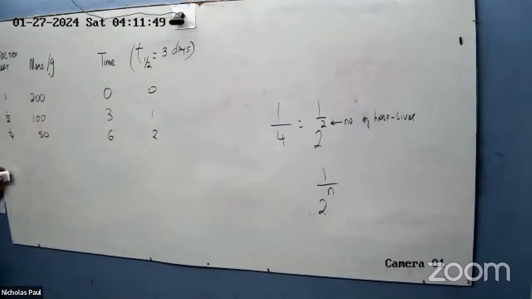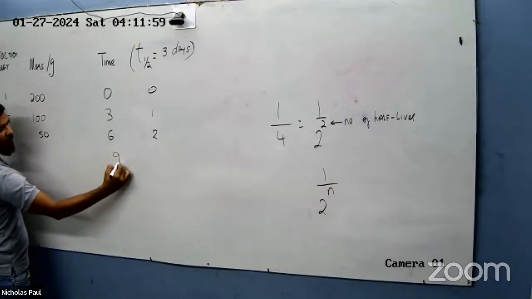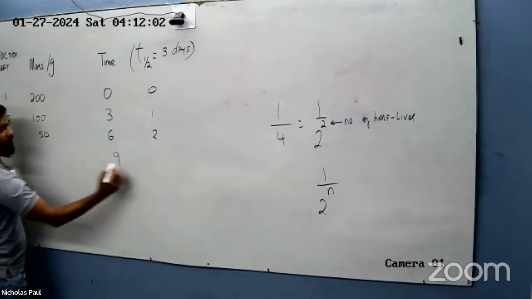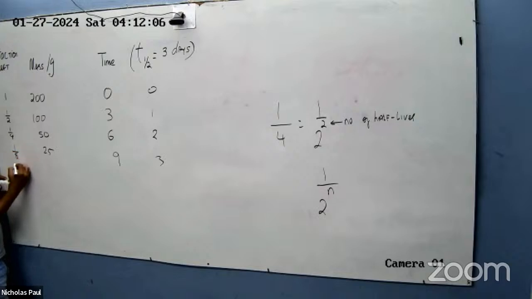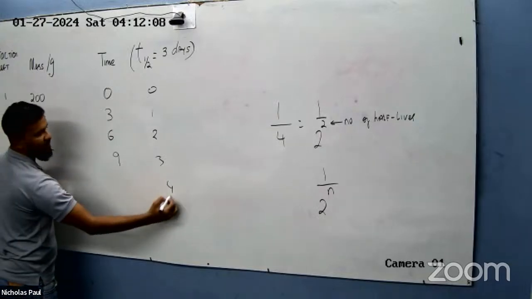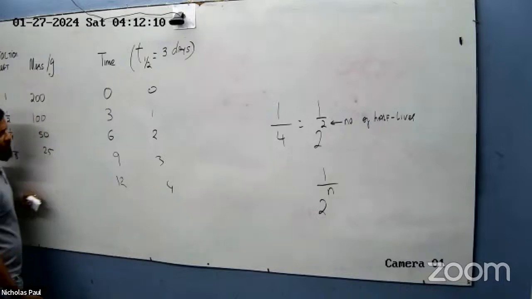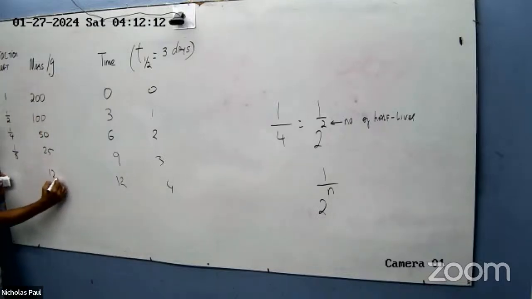How much decay? 3/4 decay. After the next half-life, half of this, which is 25, and that'll be 1/8. After the next half-life, half of this is 12.5, 1/16.